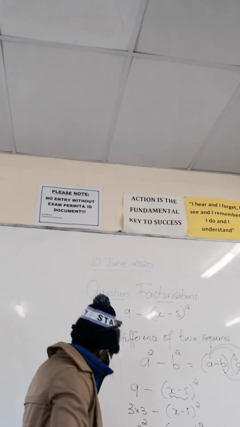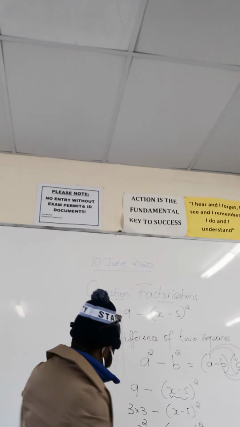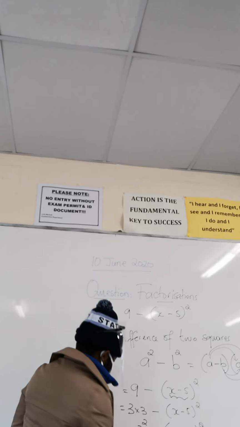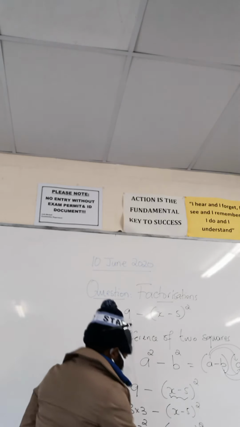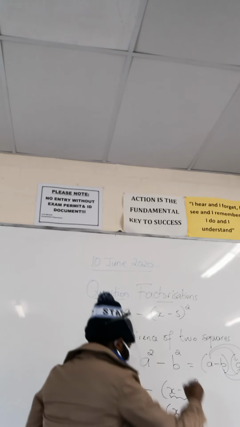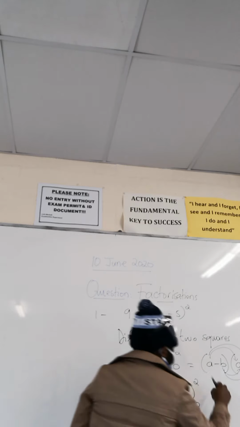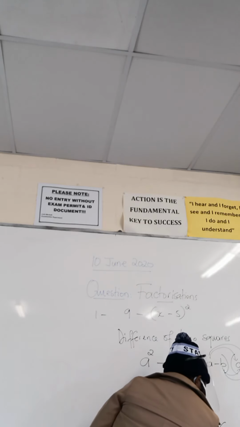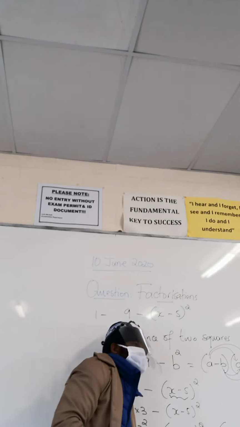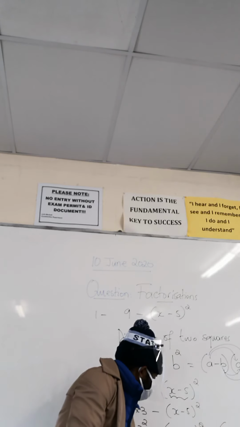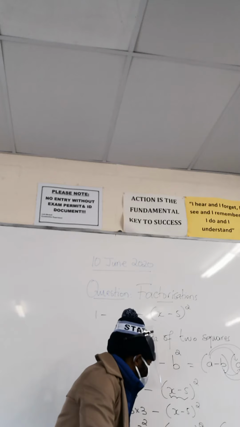Can you see? Now we can apply the difference of two squares. This is A, this one is B. So A is 3. The first expression says it must be minus. Now because I have two expressions, I have to make the bracket because this minus belongs to everything in the bracket.